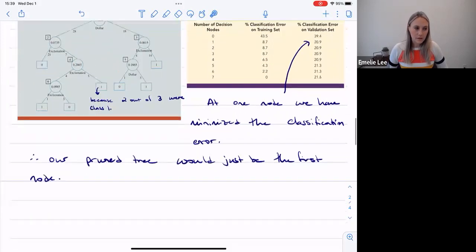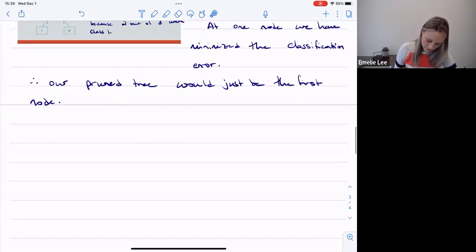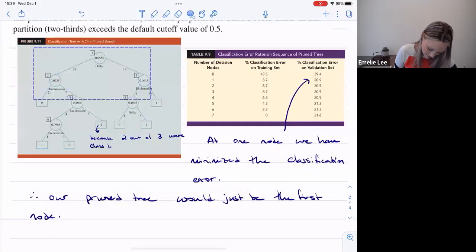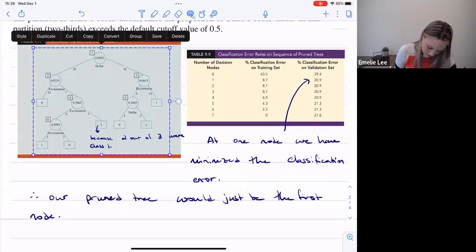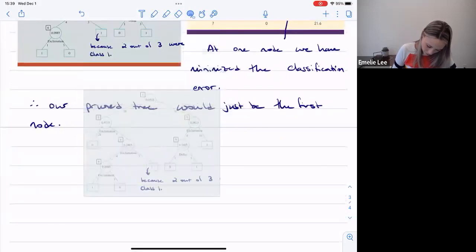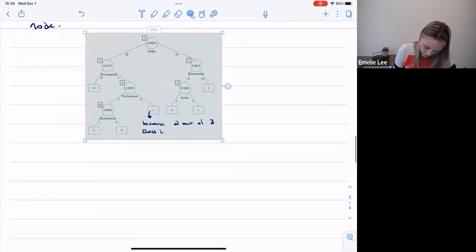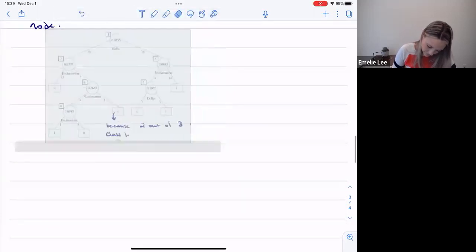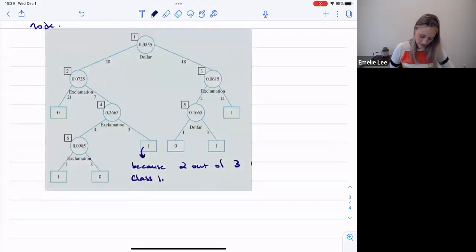Okay. Good. Maybe what I'll do is, how would I? So it becomes 1. Once I prune this up, that's going to be a 0, right?